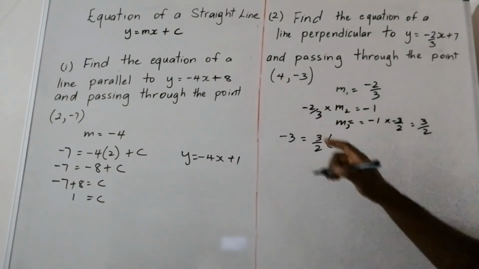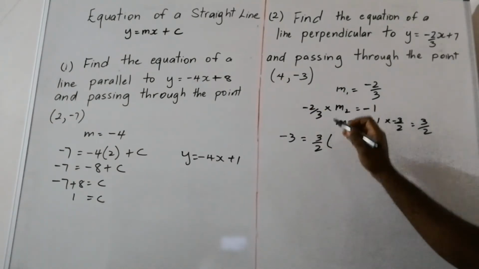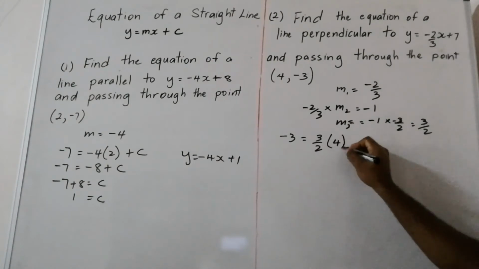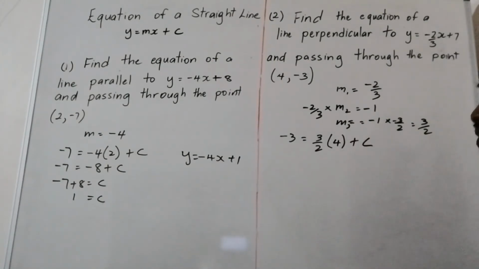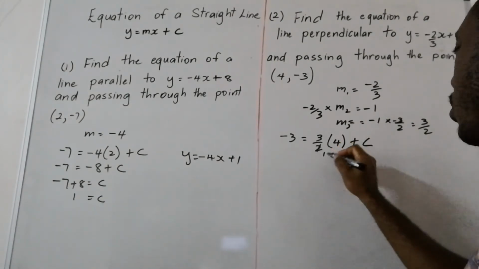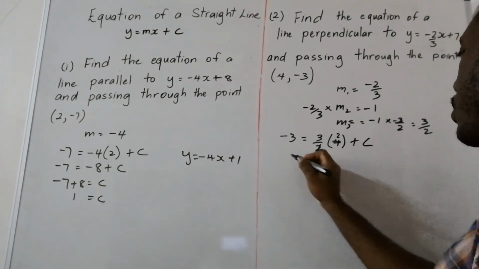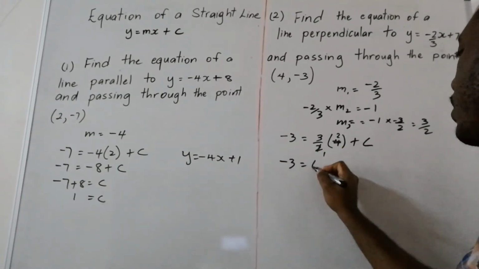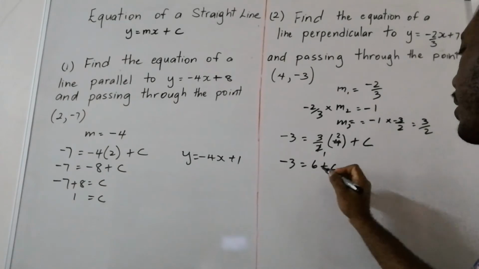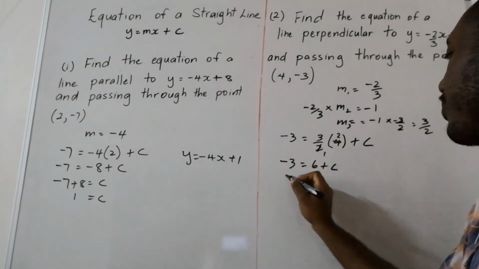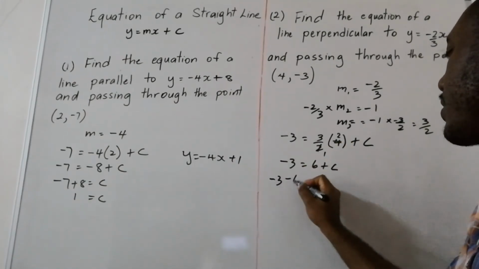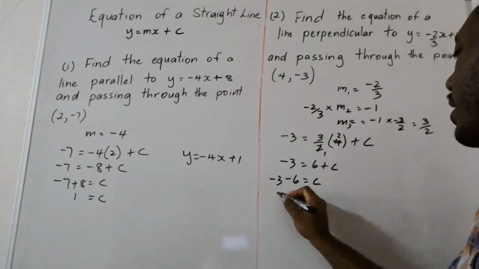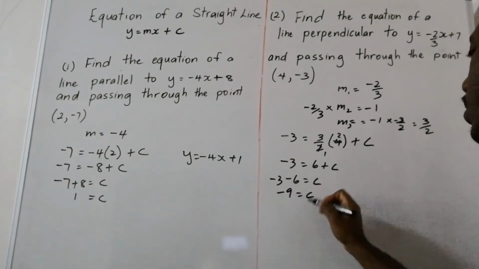We're using the point 4, -3, so x is 4, plus c. So reducing this, -3 is equal to 6 plus c. Taking over our 6, -3 minus 6 is equal to c. So that gives us -9 is equal to c.